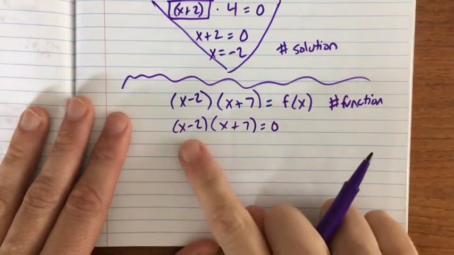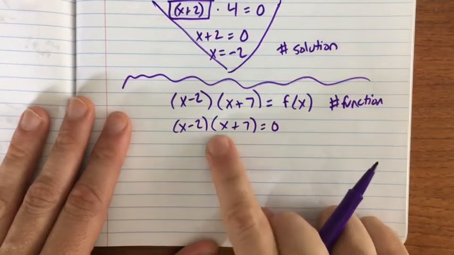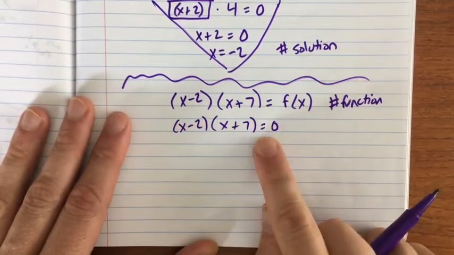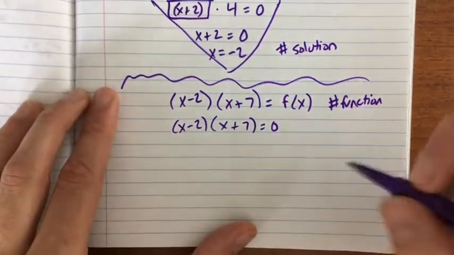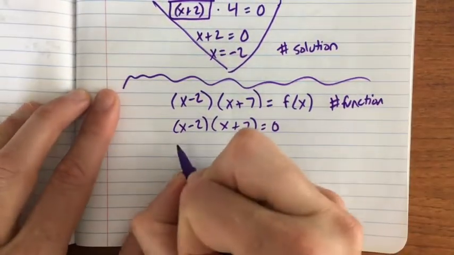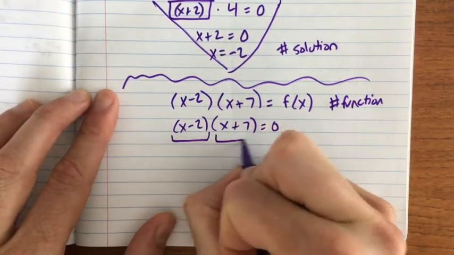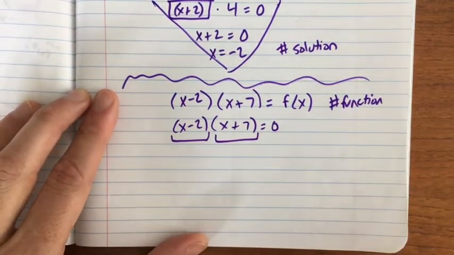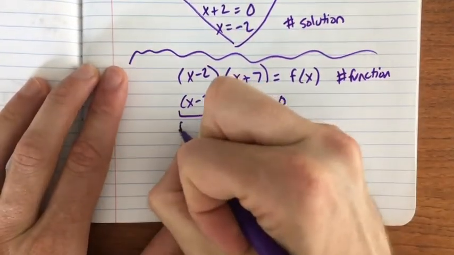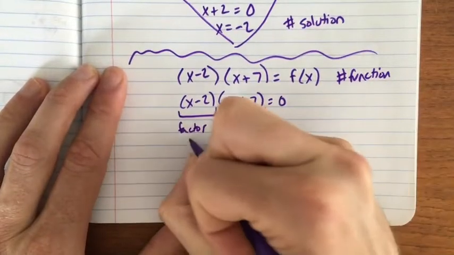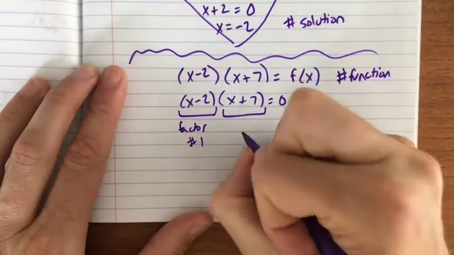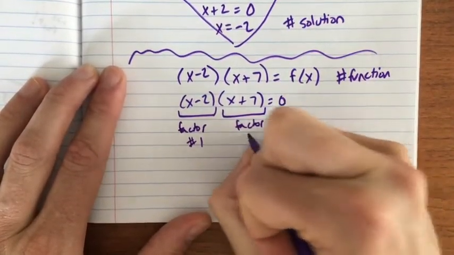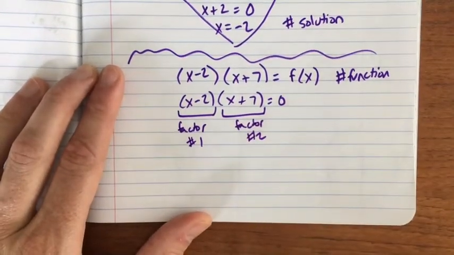The goal is going to be to figure out what x values would make this rule equal to 0, okay? So we're going to solve for 0, but I'm going to call this out. We're going to say that this and this, even though they look a little strange, they have x's and numbers. We're going to call this factor 1, and this we'll call factor number 2, okay?